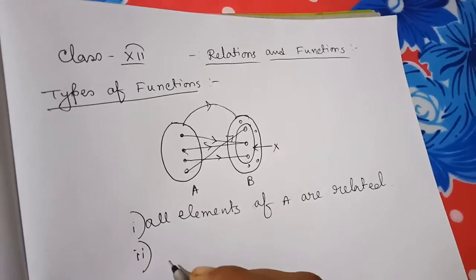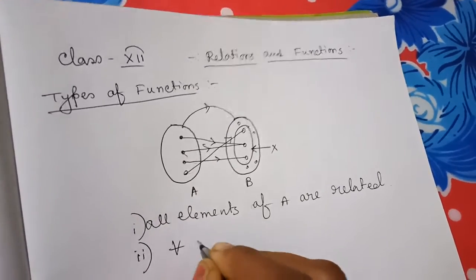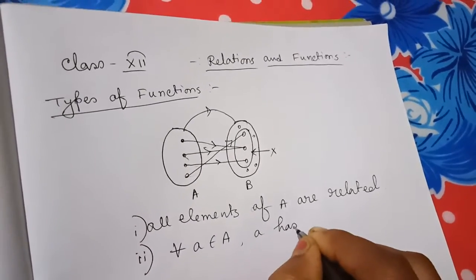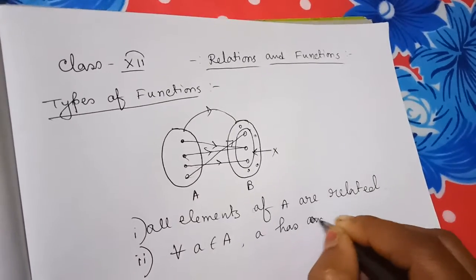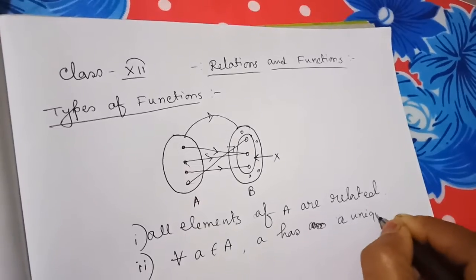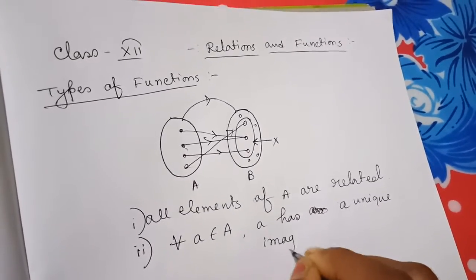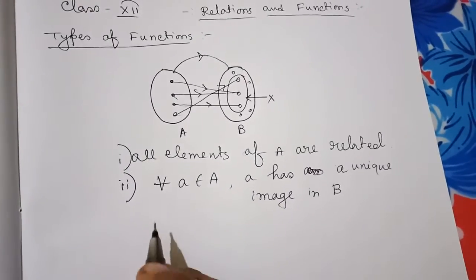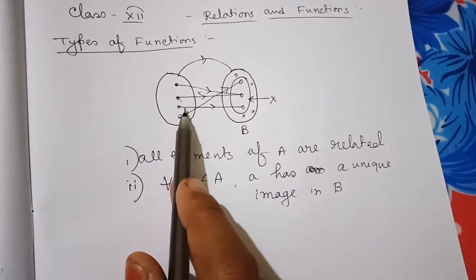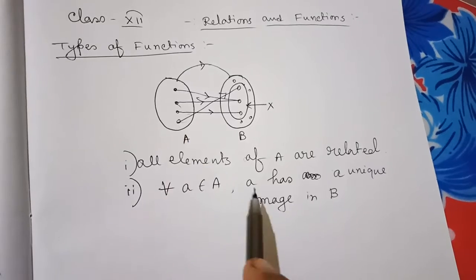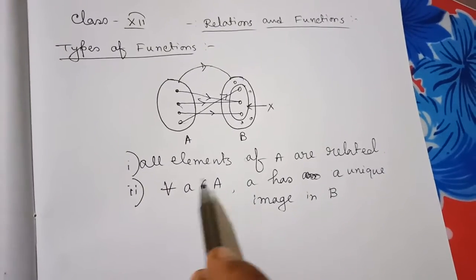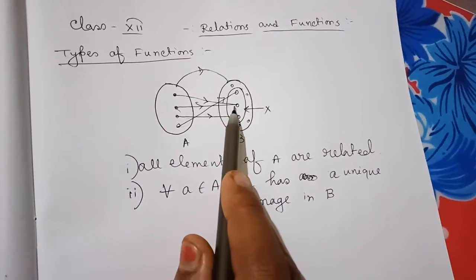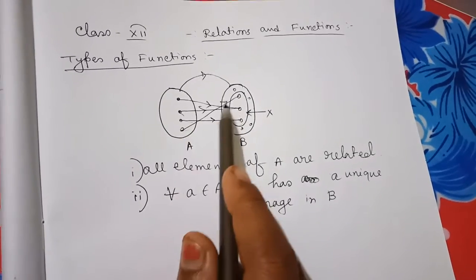Number two, for all elements of A, each has a unique image in B. You can take any one of the elements from A, you will be getting a unique image of that in B. Look, first one having this, second one this, third one this, fourth one this.